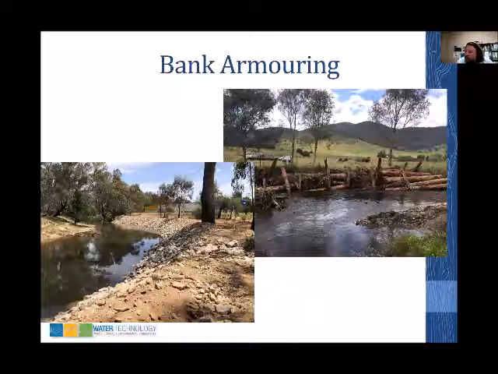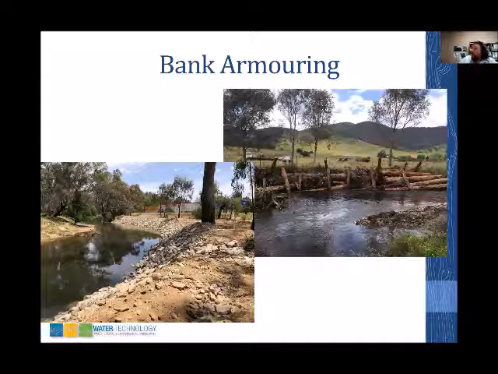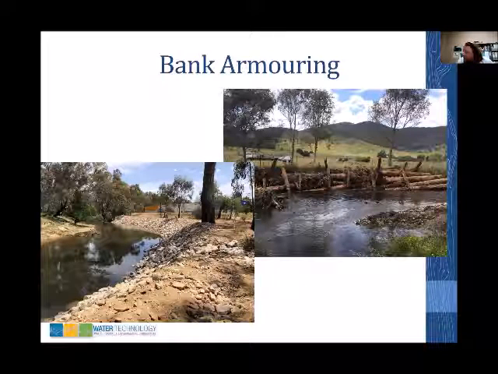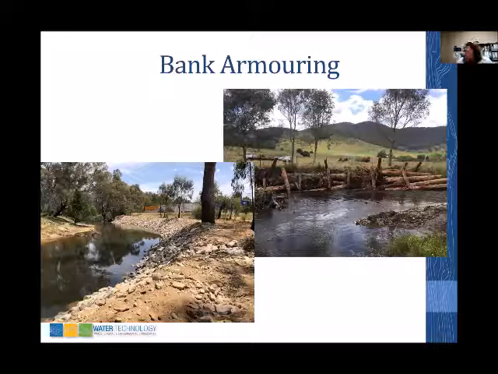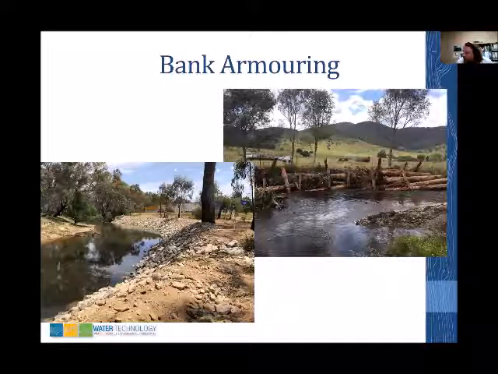In the top right here, we're looking at large wood, a technique that was used up on the Little Snowy Creek up at Estdale. And that's a system there that has got a lot of little pools and riffles and eroded quite significantly after the 2016 floods. And we didn't want to go in there and rock every outside bend.